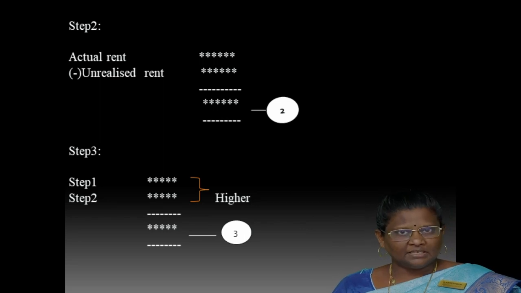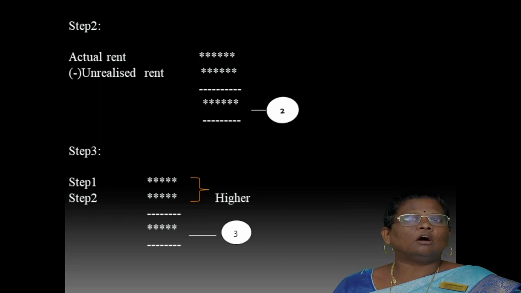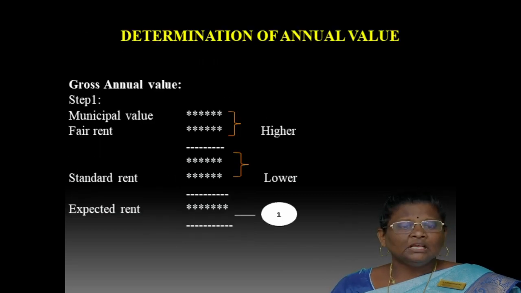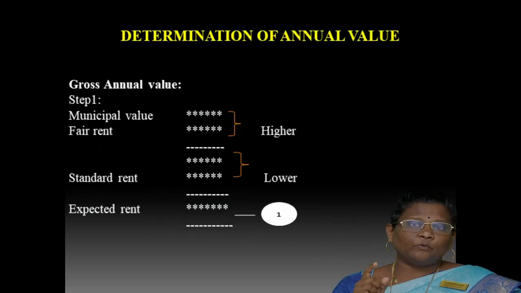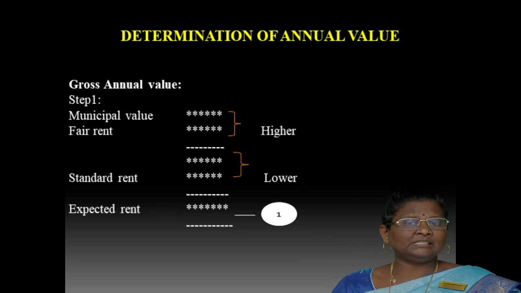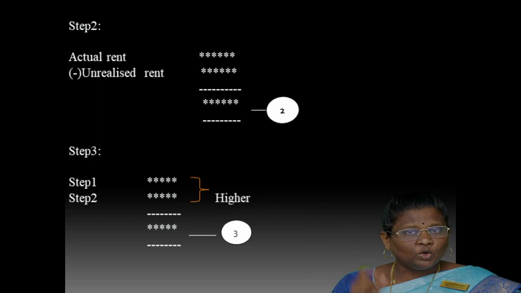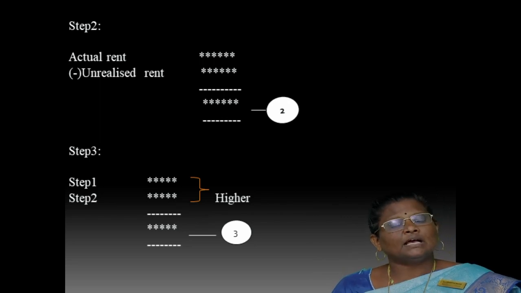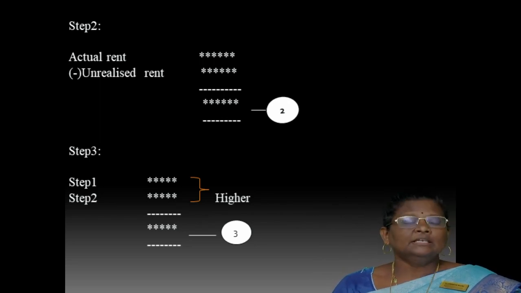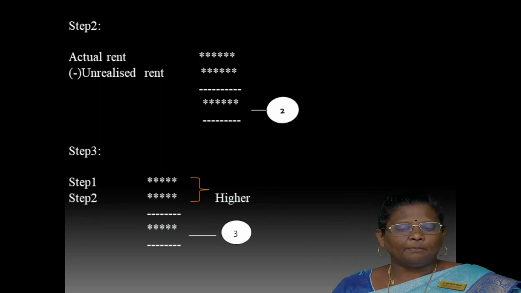Then, step 3. Step 1 and step 2 values are compared. That is, we calculated the step 1 value, that is the expected rent. That value is compared with the step 2 value. Whichever is higher will be taken.